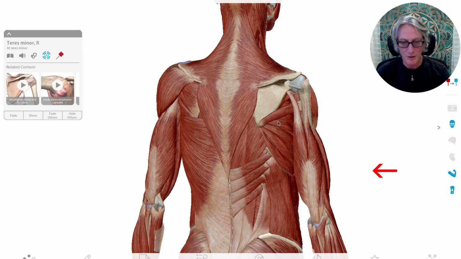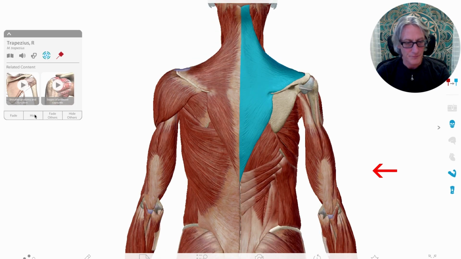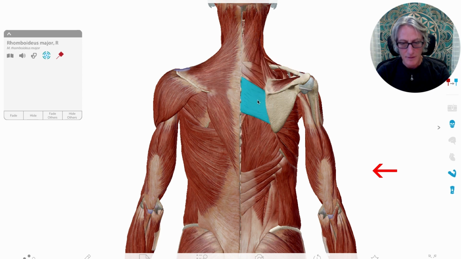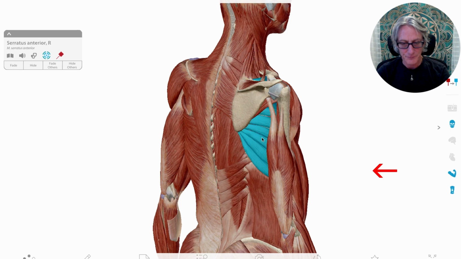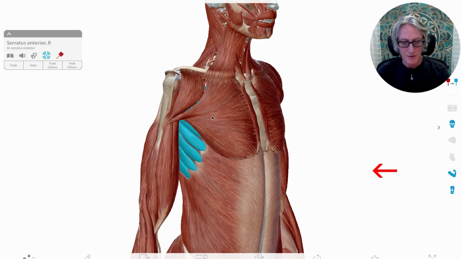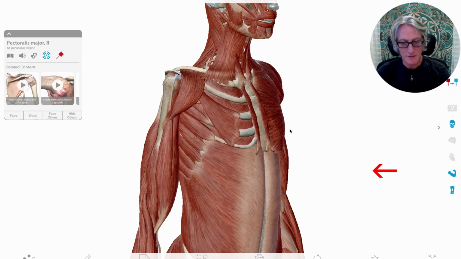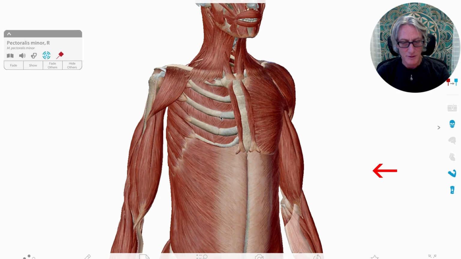Here's some of our rotator cuff muscles. Here's our trapezius. Deep to that, rhomboids. There's the levator scapula. And then on the other side of the joint, here's our serratus anterior. Here's our pecs. I'm going to hide the pecs. Pec minor, going to hide that one. That's another scapular muscle.